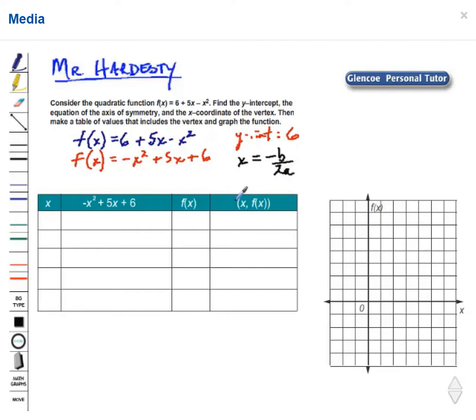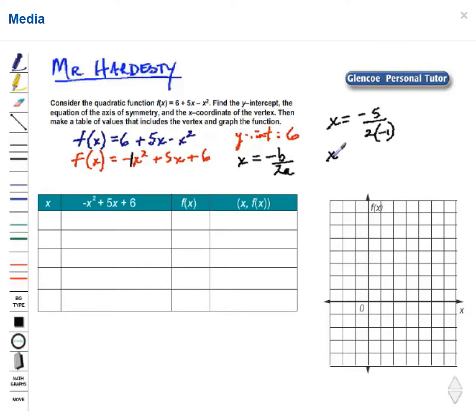So we can substitute from our function, and we'll write x equals, the opposite of b will be negative 5 over 2 times a, which is 2 times negative 1. Here's a, the assumed negative 1 out front.